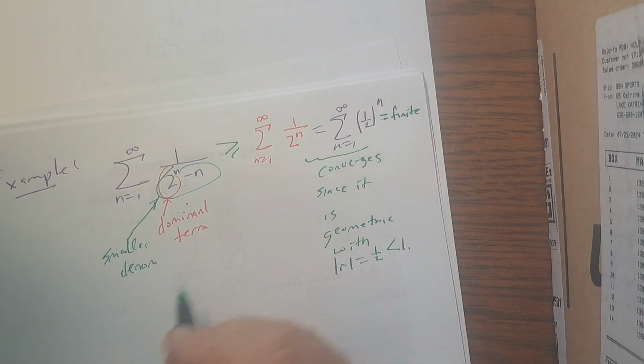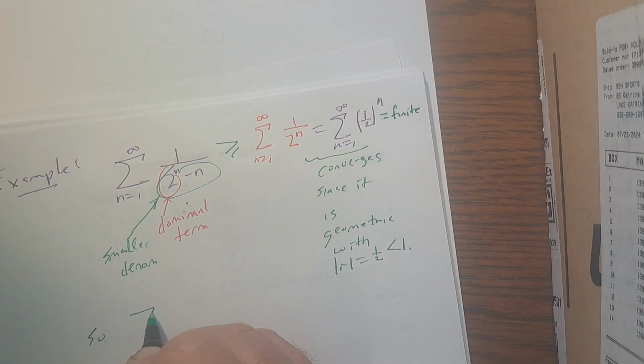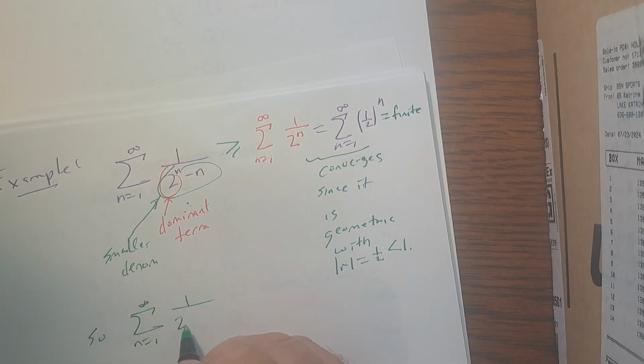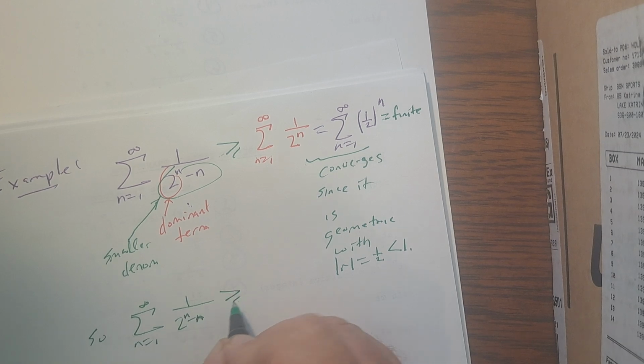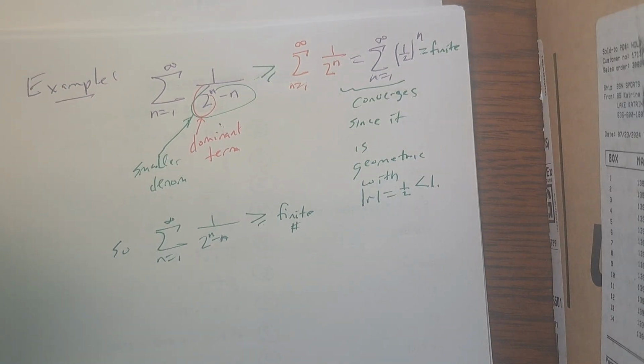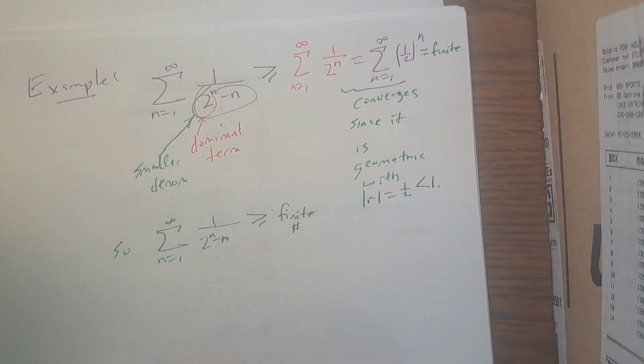And all this shows is that the series that I am examining is bigger than or equal to a finite number. Well, you know what's bigger than or equal to a finite number? Another finite number. So, for example, whatever number this is, that plus 1 would be bigger, and then that would converge because it would be finite.